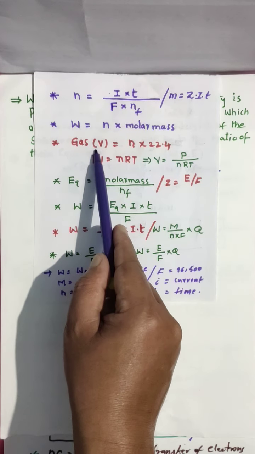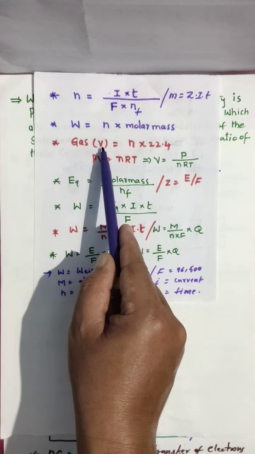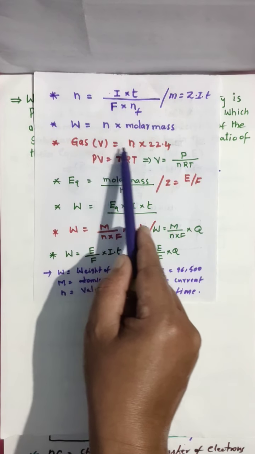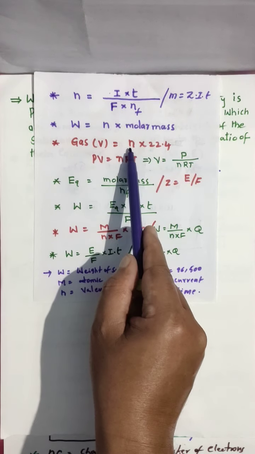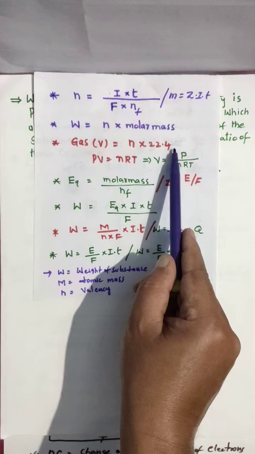If a gas is liberated, then we have to calculate volume. If the number of moles is known, the volume of gas equals number of moles into 22.4.